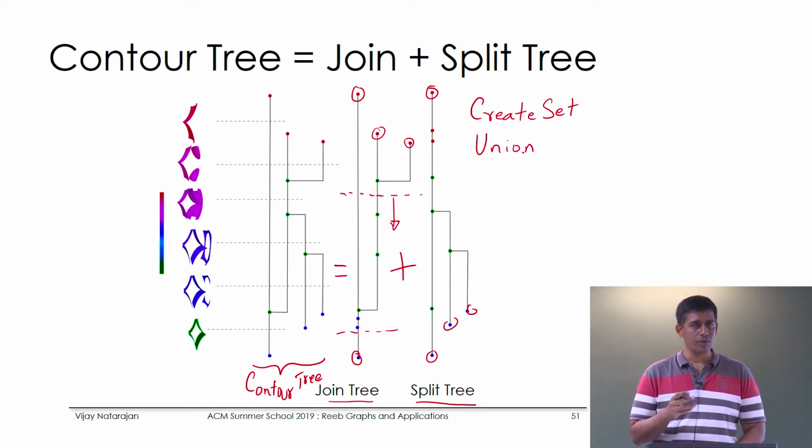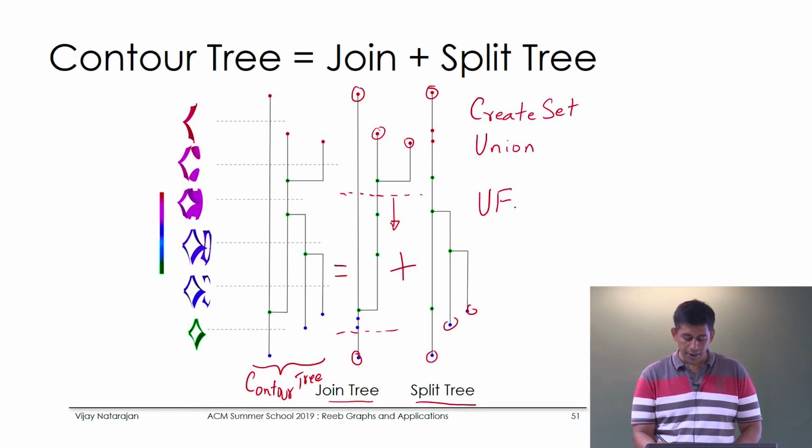If you have seen this, then great. If not, there is a nice data structure called the union find data structure. It is in your CLR book, you can go ahead and see it. The union find data structure allows you to maintain a collection of sets, and the operations that are supported are union, create set and find.